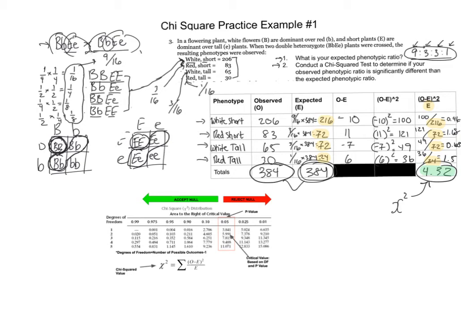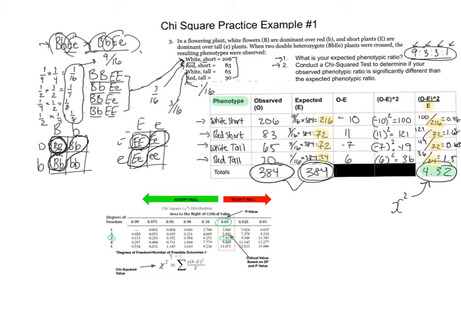So we have 4 possible outcomes for my phenotype. So my degrees of freedom, again, is found by subtracting 1 from the number of possible outcomes. So my degrees of freedom will be 3. My p-value will always be 0.05. So therefore, my critical value is 7.815.